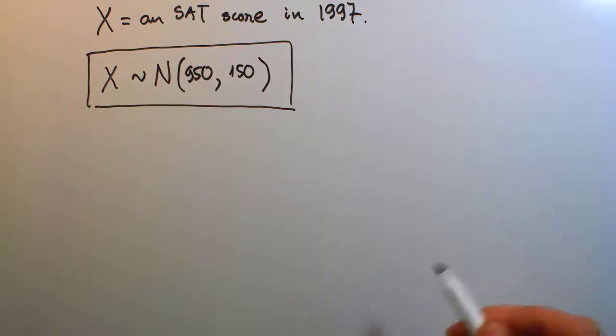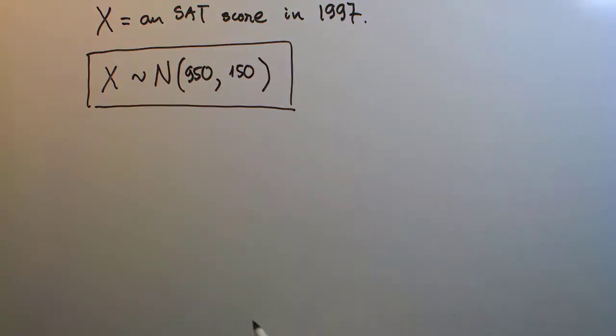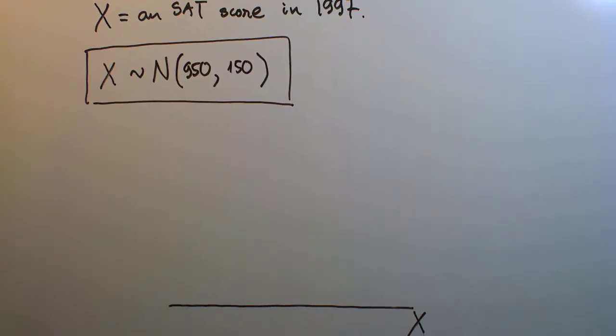And at this point in our experience working with the normal distribution, we are going to draw an empty bell curve. The horizontal axis here is to represent all values from low to high of the random variable X. And being normally distributed, our PDF has to be a nice looking bell curve.